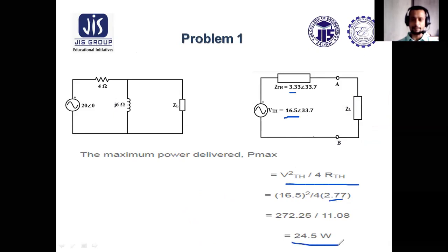So this is the maximum power. This is how we can calculate how much maximum power could be delivered to the load side, and what is the condition for maximum power transfer. Based on that condition, how to determine the load impedance, all this we discussed.